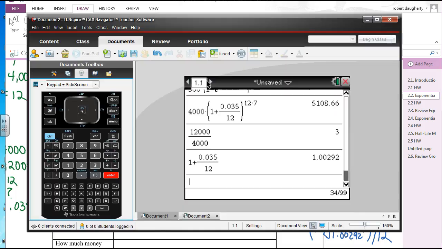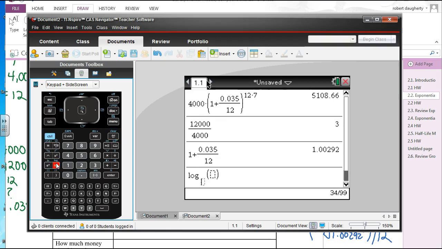So we will go to our calculator gladly on this one. Okay. So the log base 1.00292 of 3, and then all of that divided by what? 12. Oh, all of that. What is it? Oh gosh. You might have to do it out.